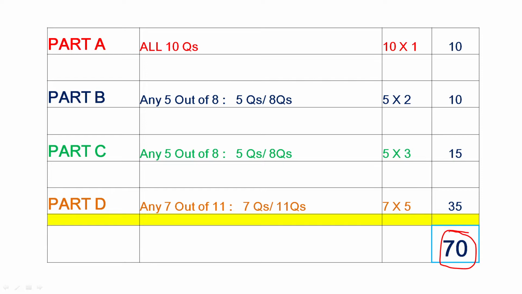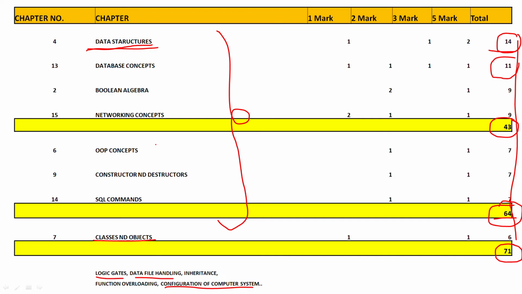So 30 will be your practical. So in practical also you have to be good, because 30 marks is for practical. So programs are very important. Though I told these chapters are just for fetching the marks, the other chapters' pointers are all very important for writing your programs.